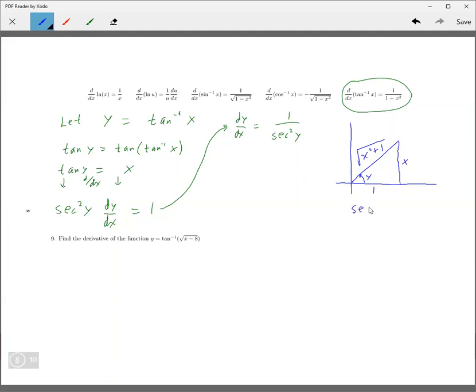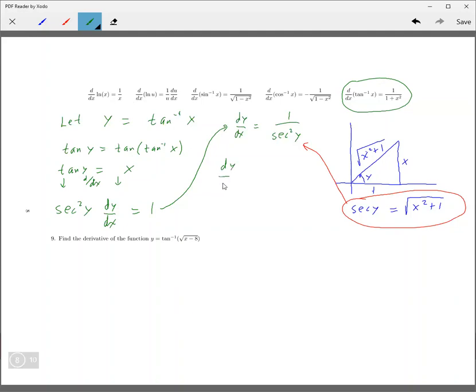Now the secant of y, which is 1 over the cosine. The cosine is the adjacent over the hypotenuse. The secant is the hypotenuse over the adjacent. So the secant is the square root of x squared plus 1. And so I'm going to put this in to there.